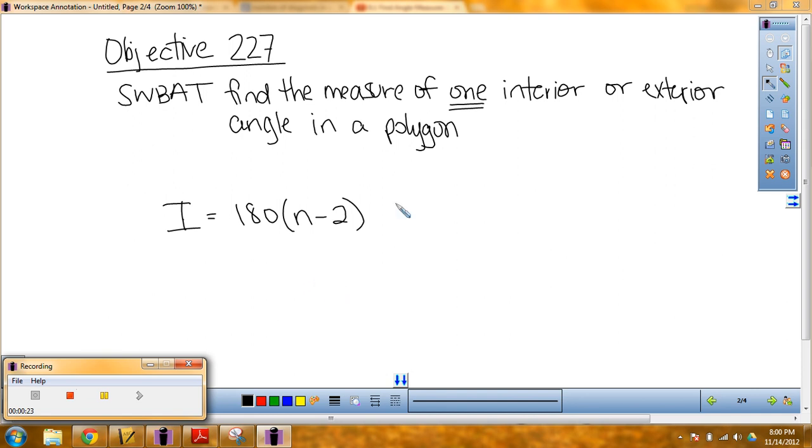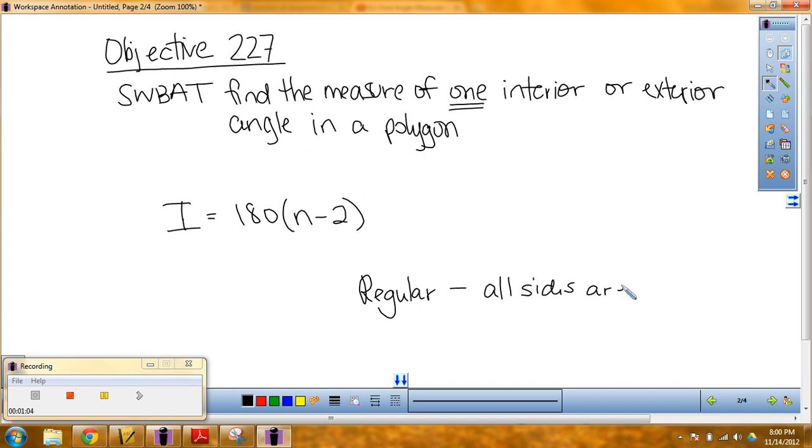Alright, so if we want to find one interior angle, we have to know that our shape is regular. Okay, and remember that regular is not regular. Regular means something special in geometry. It means that all sides are congruent and all angles are congruent.